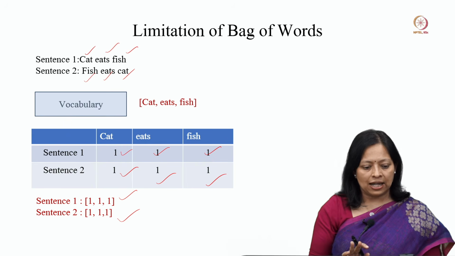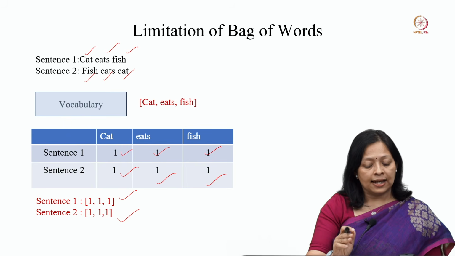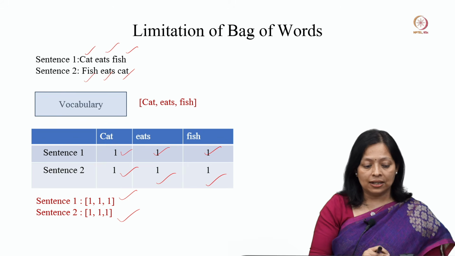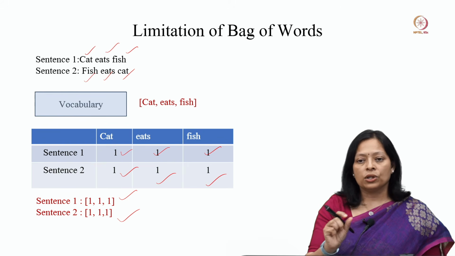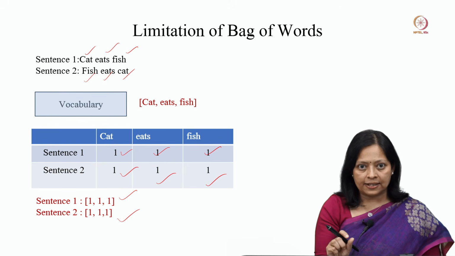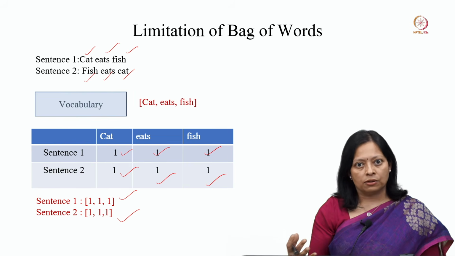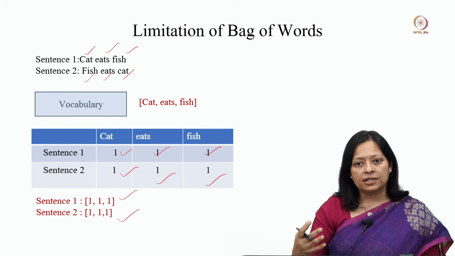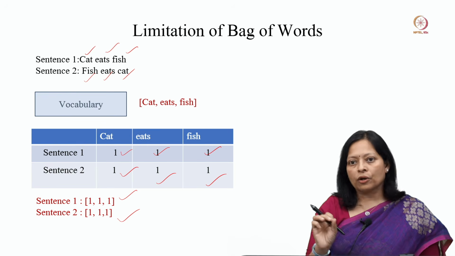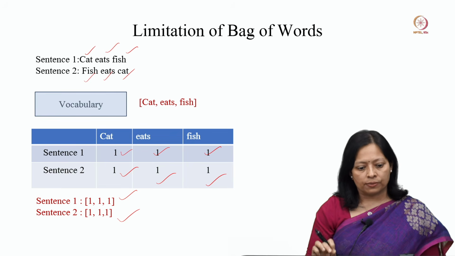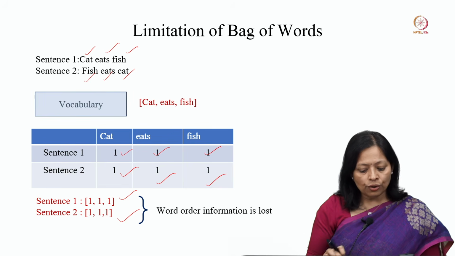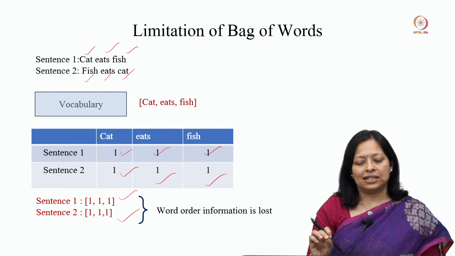No, they don't. Here, what is happening is that bag of words is not taking into consideration the order in which the words are placed, which is very important to have a meaningful message. If you want a meaningful message to be conveyed, your order of words is very, very important. Okay. So, word order information is lost in bag of words.